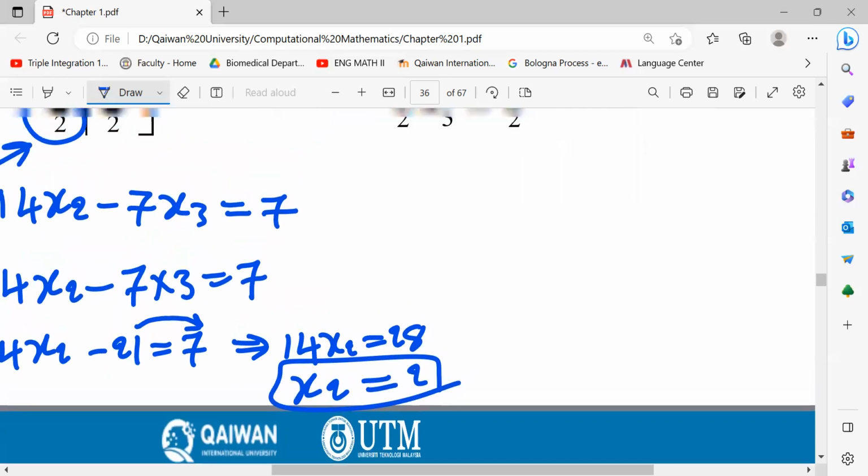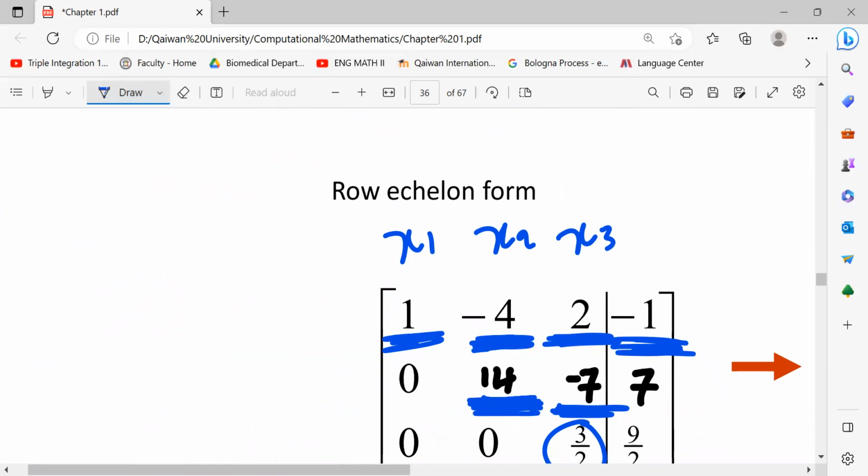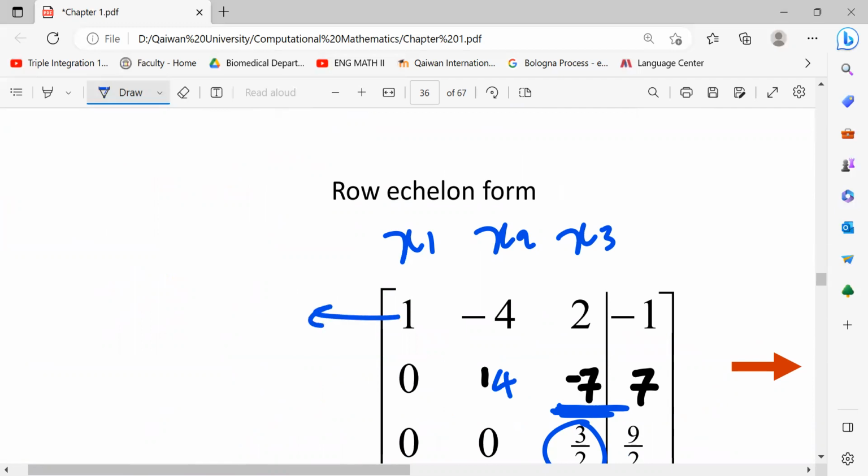Now let's find the value of x1. Here it says x1 minus 4x2 plus 2x3 equals -1. That's it. What's the first equation? Someone could tell me. x1 minus 4x2 plus 2x3 equals -1. But we already found the values of x3 and x2. We say x3 is 3 and x2 is 2. We just replace them by their values.